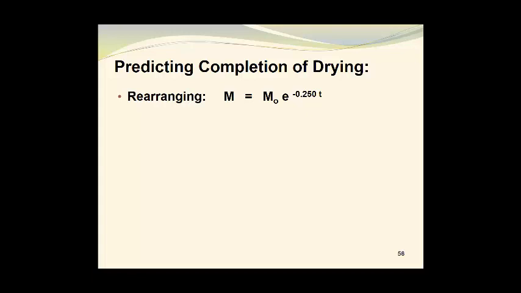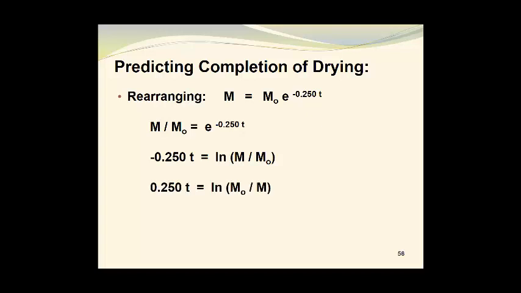Rearranging things, we can take the equation m is equal to m naught times e to the minus 0.250 t and rewrite it as m over m naught is equal to e to the minus 0.250 t. We can then rewrite this as minus 0.250 t is equal to the ln of m over m naught.